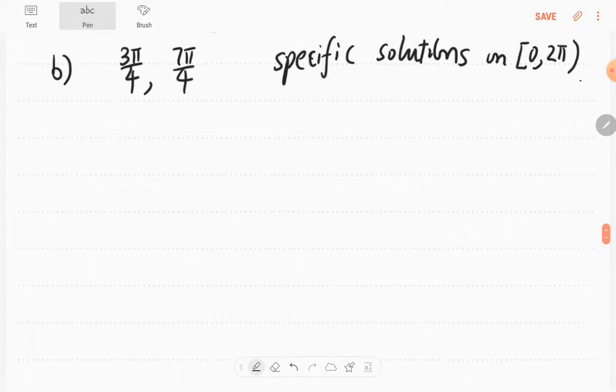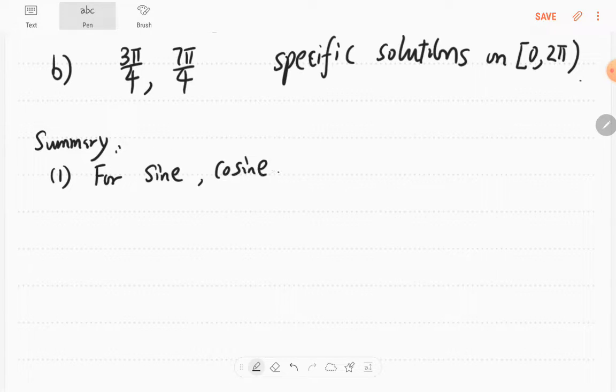So now let's look at the summary. First, for the equation involving the sine and the cosine, we need to find two angles in one period, because the sine and cosine have the period 2 pi.